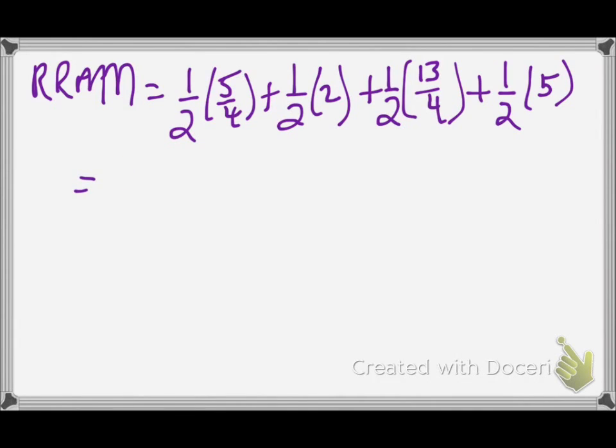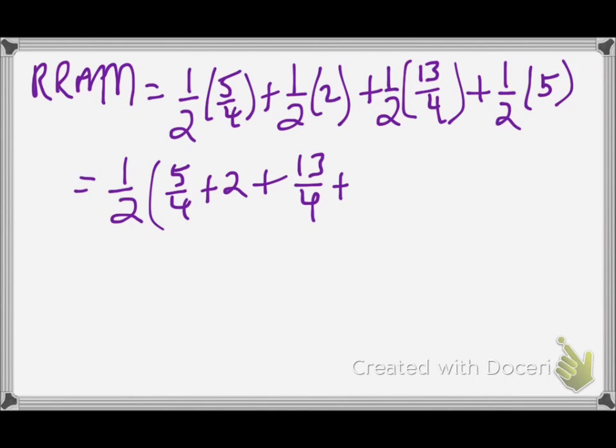Again, you can simplify this by factoring out the 1/2 since they all have the same base length of 1/2. And so you can do 5/4 plus 2 plus 13/4 plus 5. Add up all those numbers, multiply it by that 1/2, and this time we knew it was going to be more.